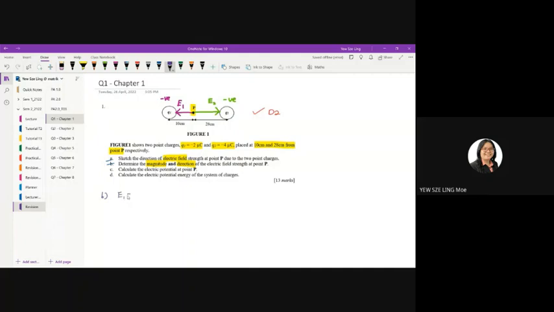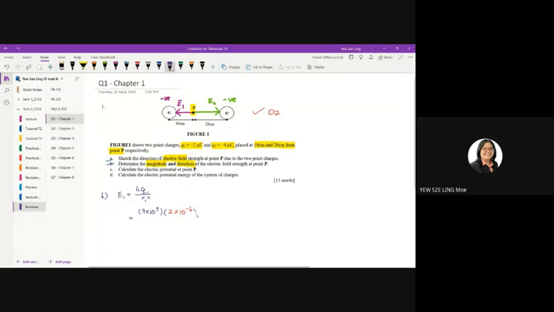So E1 is equal to kQ1 over r1 squared, right? And then substitute the values. You have 9 times 10 to the power of 9, times Q1. When it comes to electric field, we substitute Q as a positive value: 2 micro, 2 times 10 to the power of -6.